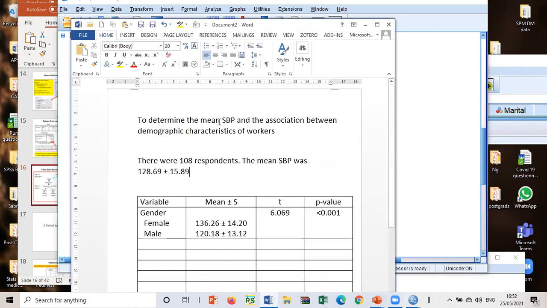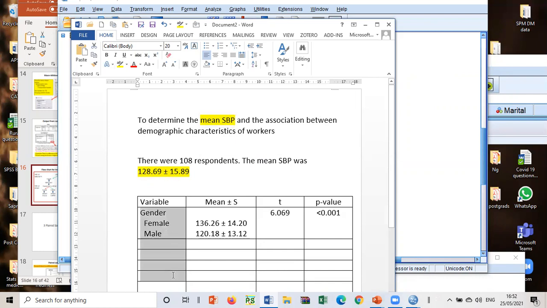Right. So this is the first objective, the mean SBP. Mean SBP overall.